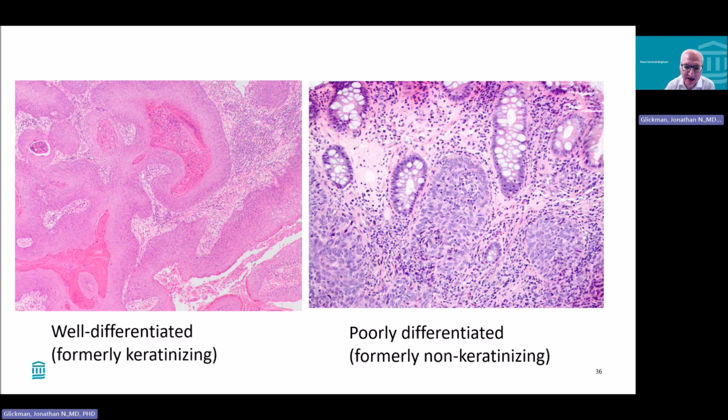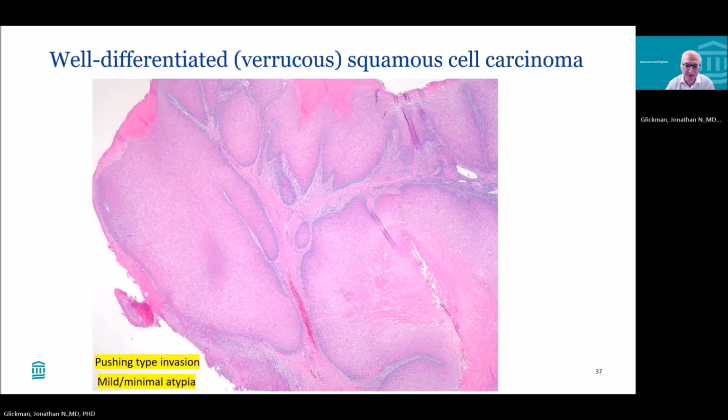And squamous cell carcinoma can fall anywhere along a differentiation spectrum, from very well differentiated lesions with a lot of keratinization to poorly differentiated tumors, formerly called non-keratinizing squamous cell carcinoma, where it can even be hard to recognize that they are squamous.